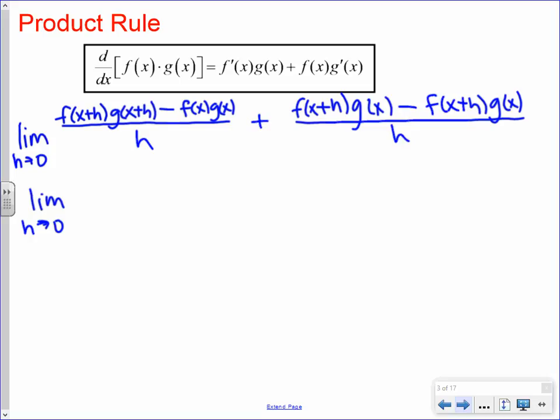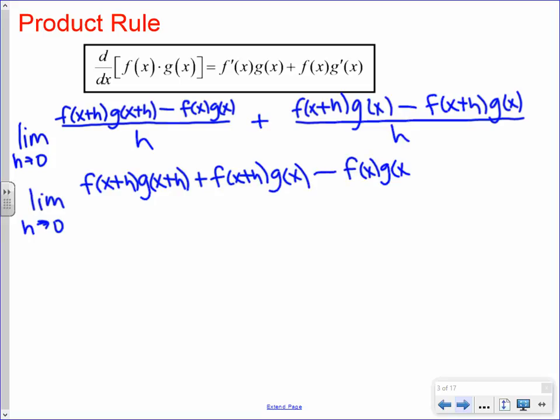So I'm going to write f of x plus h, g of x plus h, plus, I'm going to basically flip these two: f of x plus h, g of x, minus f of x, g of x, minus... there should be a minus right here, right?